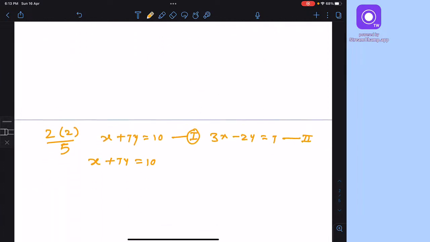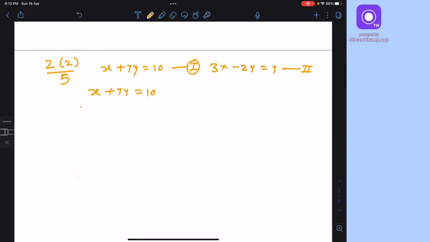So here, suppose I keep x on LHS and 7y and 10 on RHS. So 10 and this 7y, which is on the left hand side, becomes minus. x is equal to 10 minus 7y.